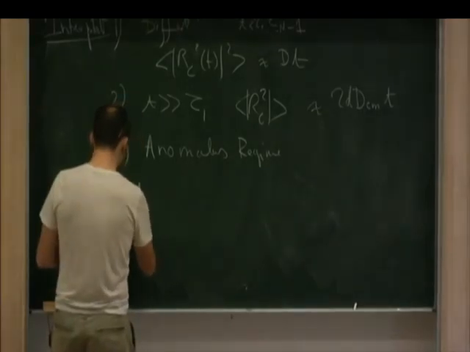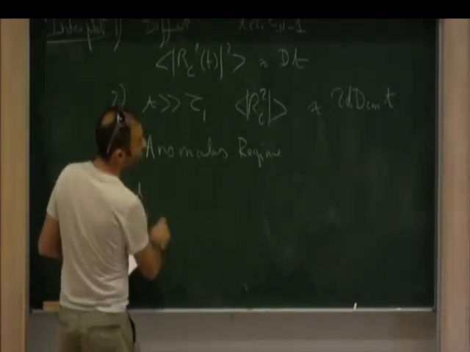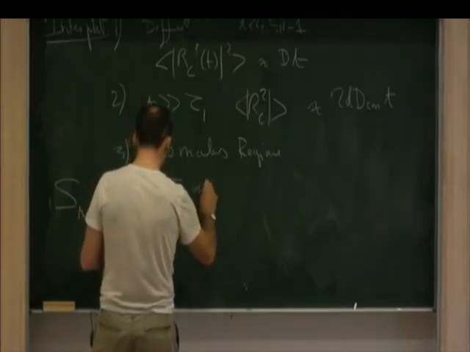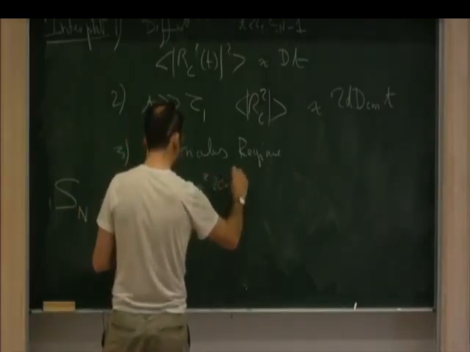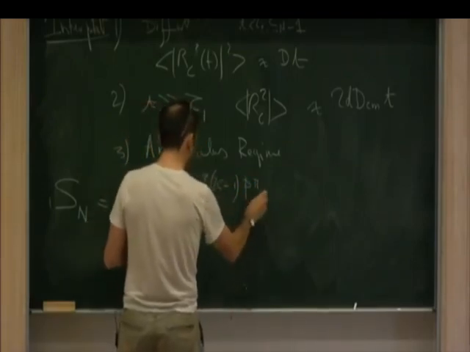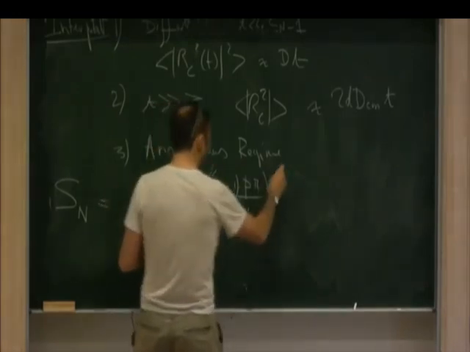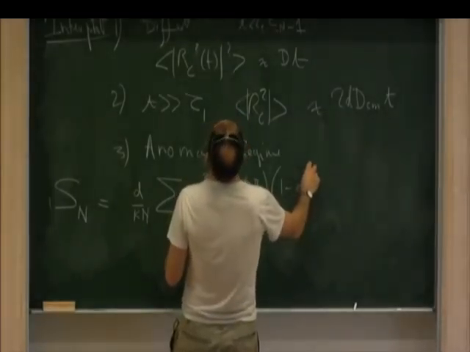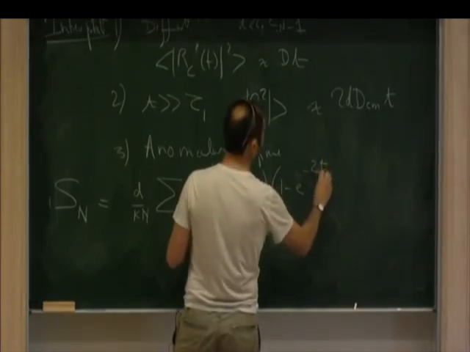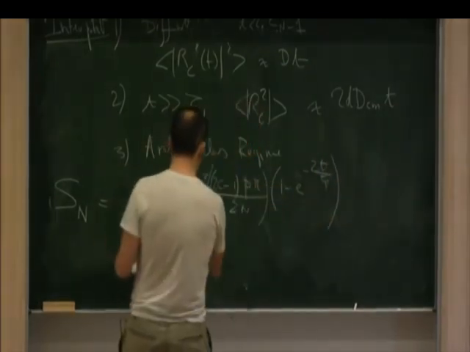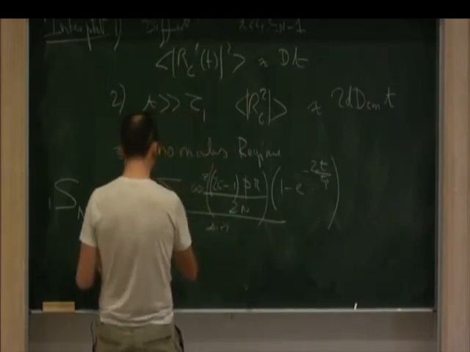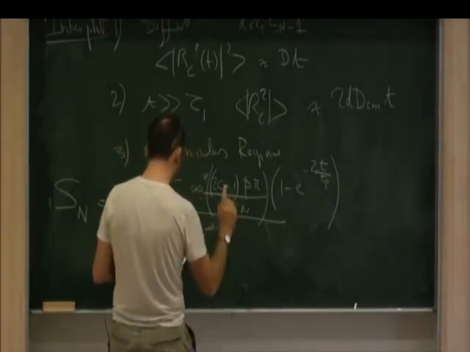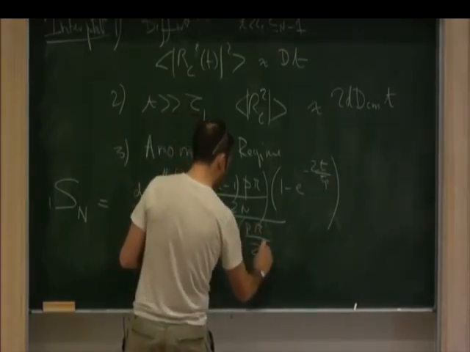So this is d divided by kn, where k is just the parameter, times the sum of cosine squared of (2c minus 1) p pi divided by 2n, times 1 minus exponential of minus 2t over tau p, and then we have to divide by the sum for p equals 1 to n minus 1 of sine to the power beta of p pi divided by 2n.